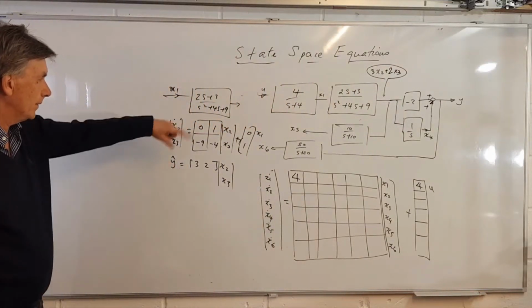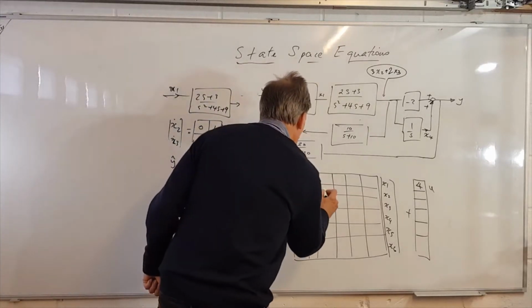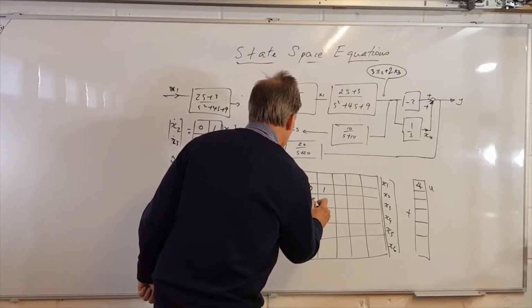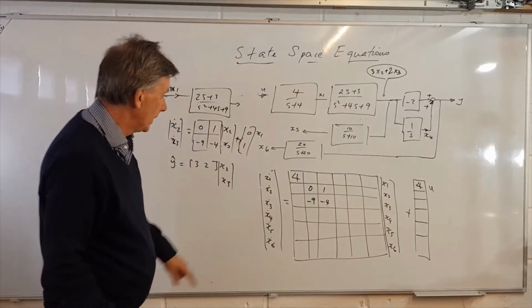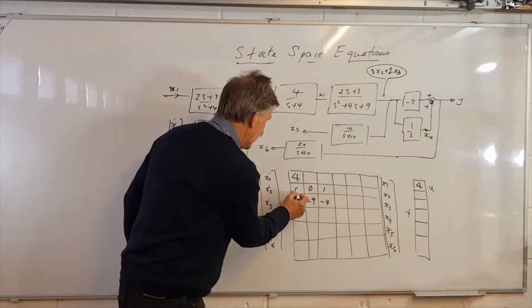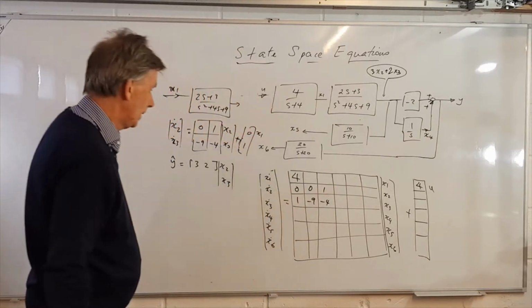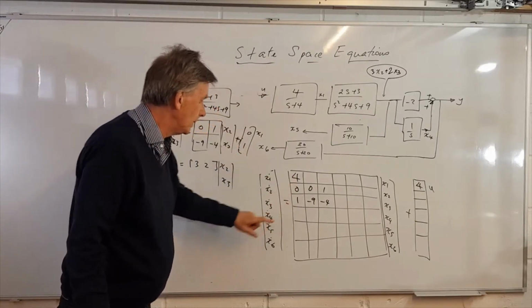So now we can put this into our state space. So x2 dot, now that's 0, 1 on x1. So x1 is the first row, so that's going to be 0, 1, because this has to feed in on the x1 column.